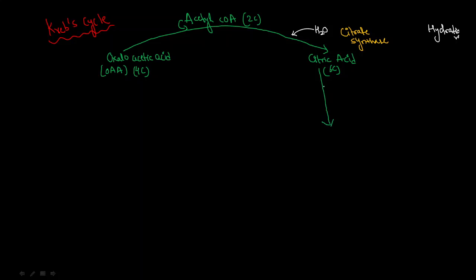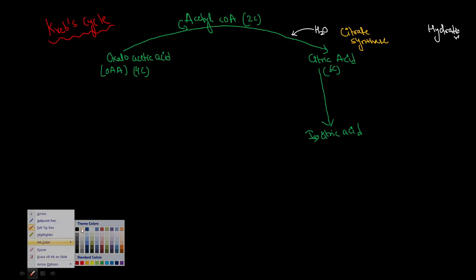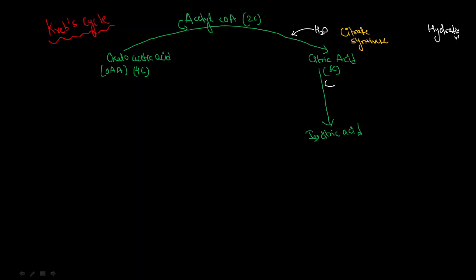Now this citric acid that is being formed here is going to go through some set of reactions, and the basic step here is isomerization. So citric acid is actually getting converted into its isomer known as isocitric acid. Isocitric acid, right? The conversion of citric acid to isocitric acid is basically a 2-step process, wherein first there will be removal of water, and then there will be addition of water.